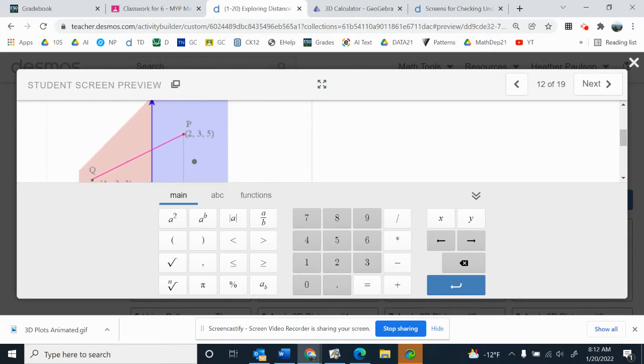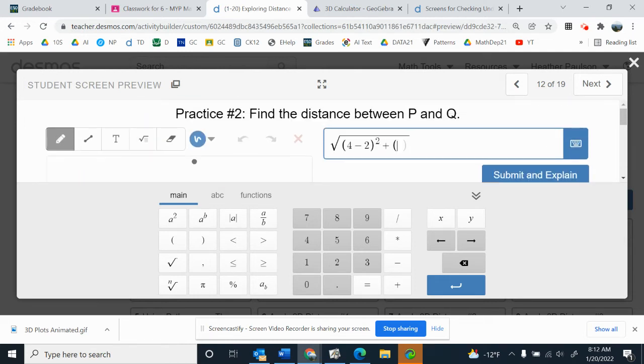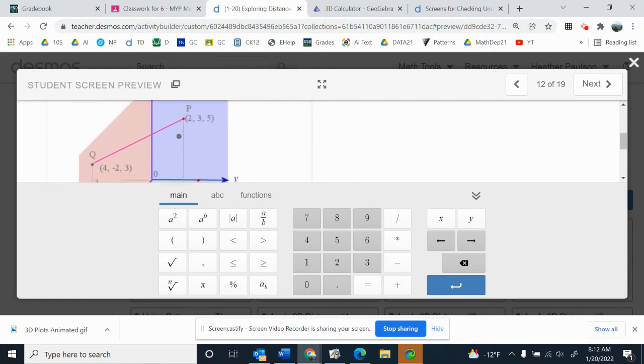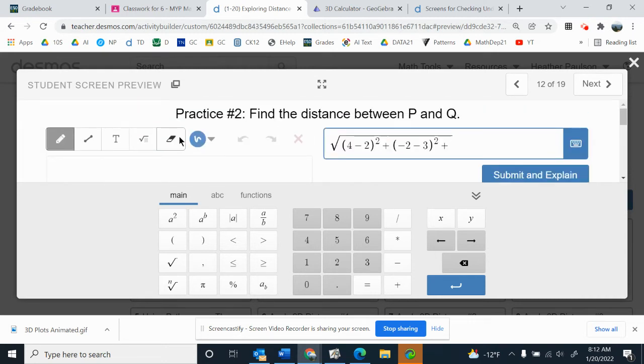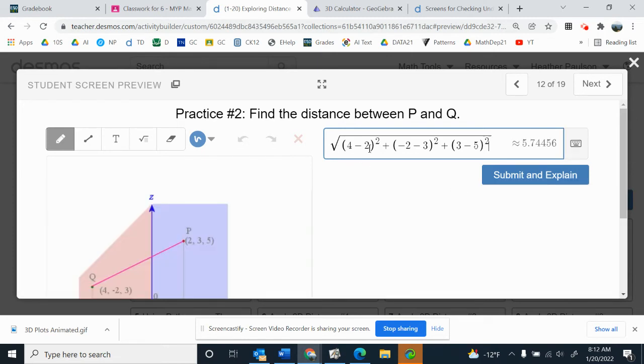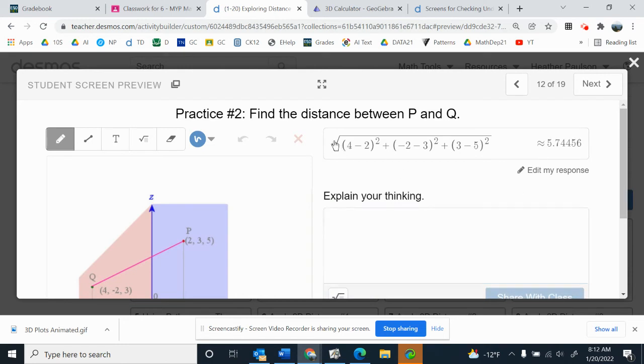Then we have negative 2 and 3 plus negative 2 subtract 3 squared plus 3 minus 5. Now, I want to emphasize that we could have also done 2 minus 4 or 3 subtract negative 2 or 5 subtract 3. It would get us the same distance.